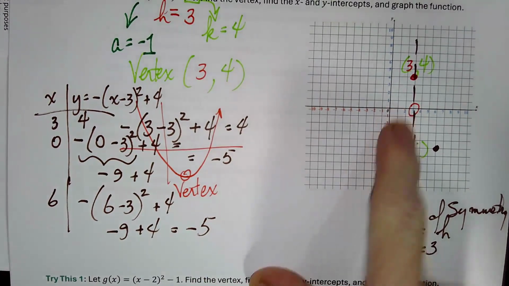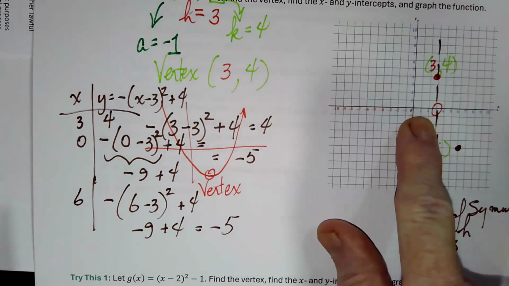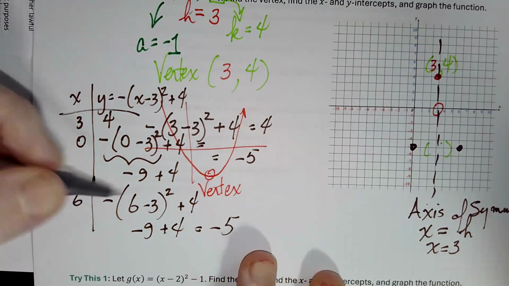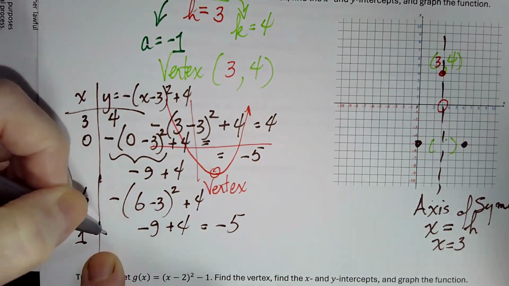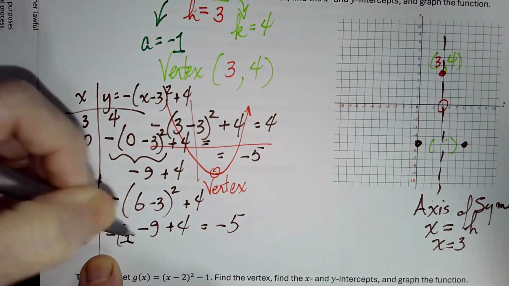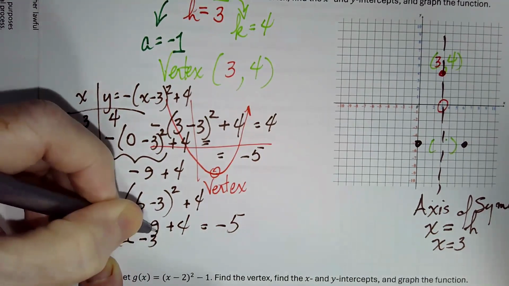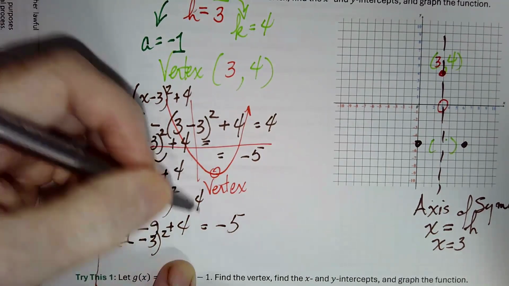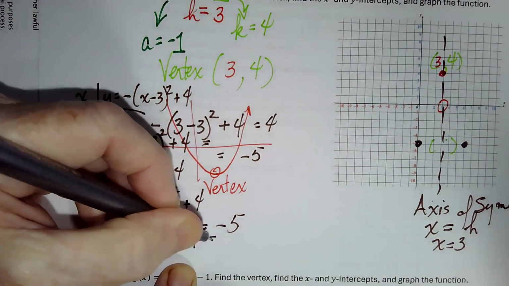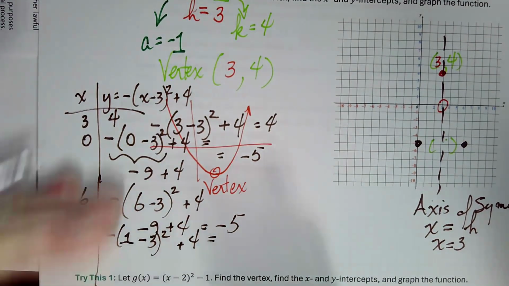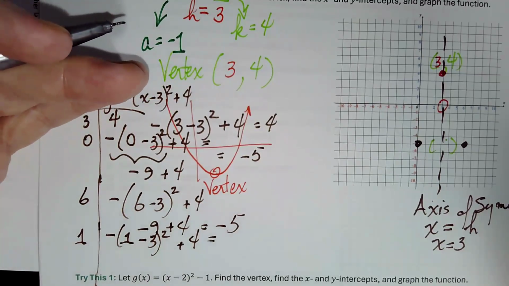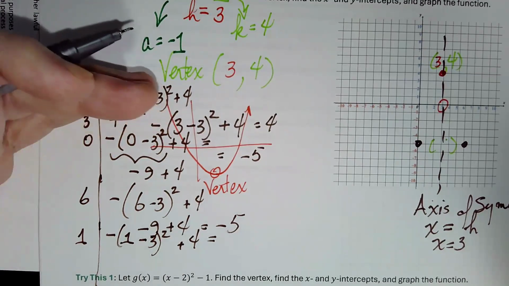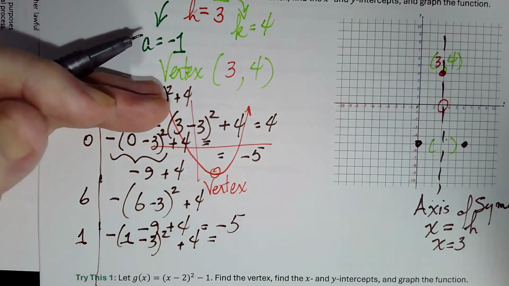So let's go ahead and plug in 2 more numbers. Let's plug in 1 and 2. So there's 1 minus 3 all squared plus 4. And what do I have to do first? 1 minus 3. Good. And that is negative 2.